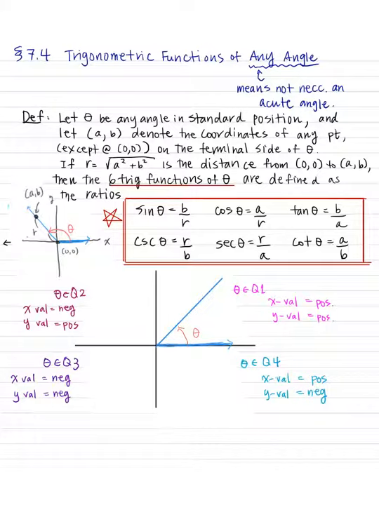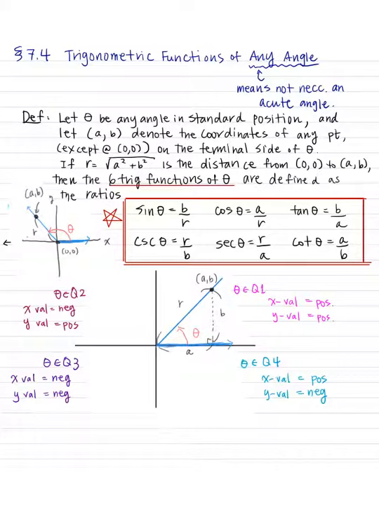Any point that you pick along the terminal side, if I call this (a, b), notice that a is positive and b must also be positive. So if this is the case, the distance from here to here is b, then r is the hypotenuse, and from here to here is a.